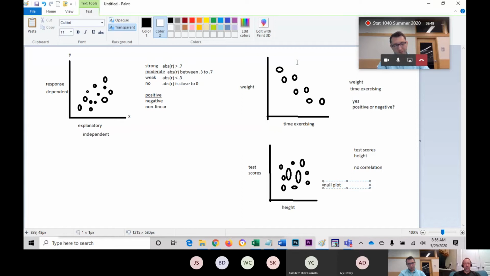And this one should be an example of negative correlation. This one probably looks pretty strong. This would be an example of positive, and I would say probably moderate.